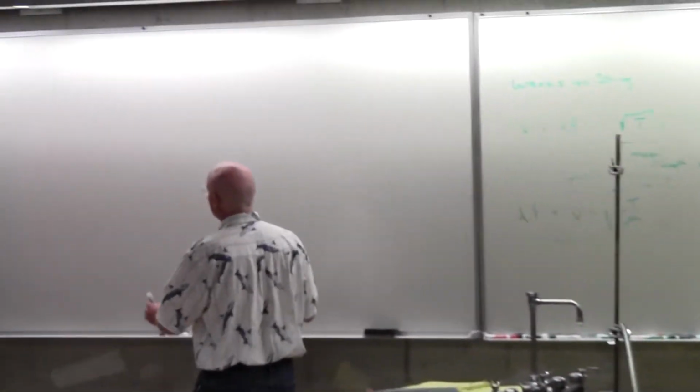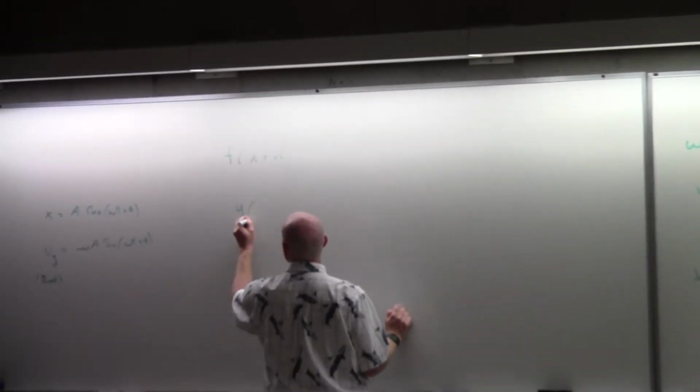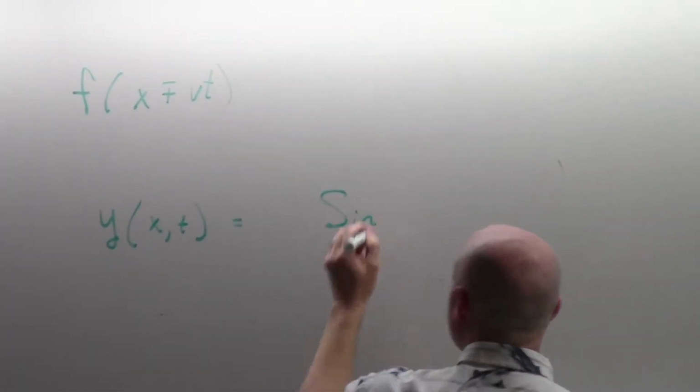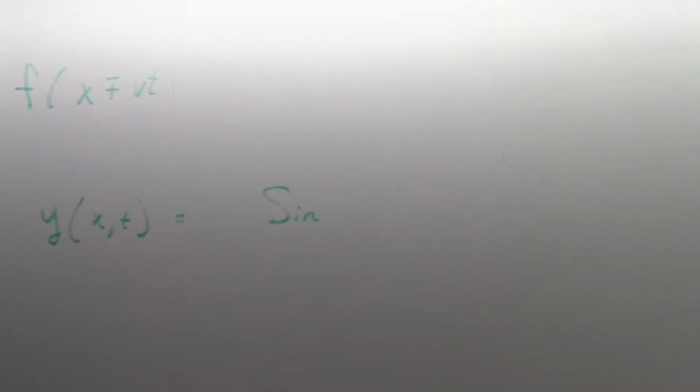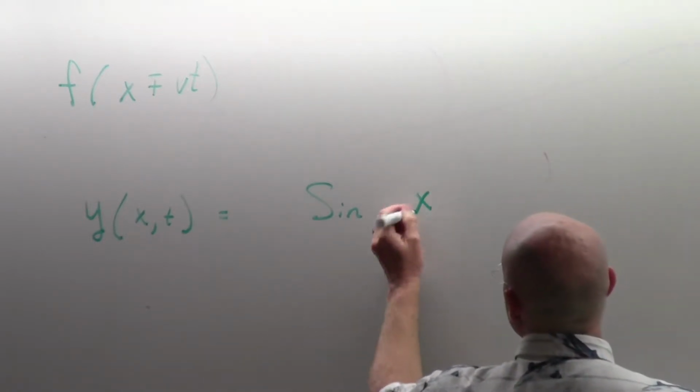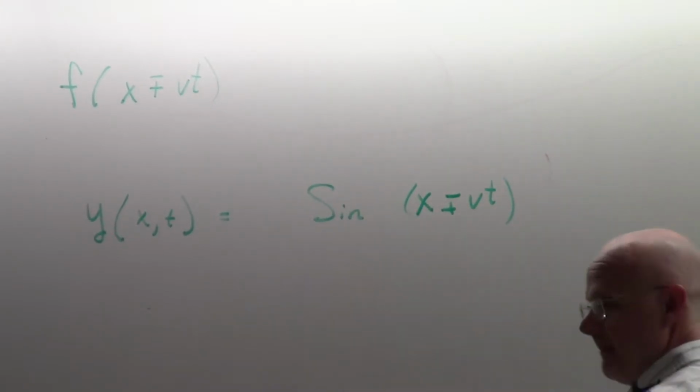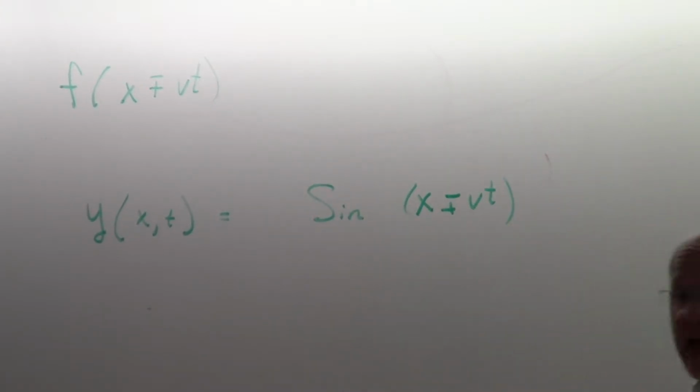And so, why don't we put the most common equation on the board here, we are going to probably write most of our equations, and certainly everything in this chapter, as our starting point. Let's write it as a sine function. So it must be sine of x, either a minus or a plus vt, right? It's got to have at least that much. It could have other things.